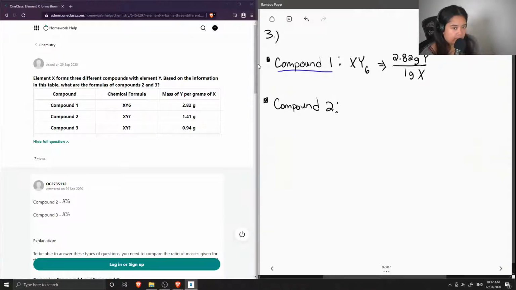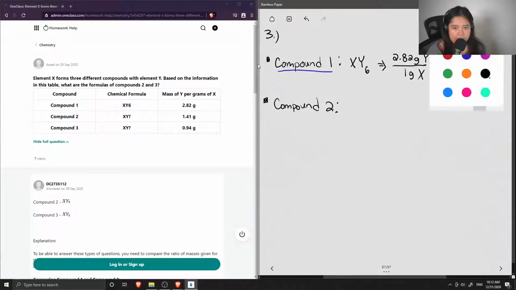So we need to find out the ratio of the mass of Y. Since compound 2 contains the same amount of X as in compound 1, so they both contain 1 gram of X, this difference in the mass is only due to the amount of element Y.